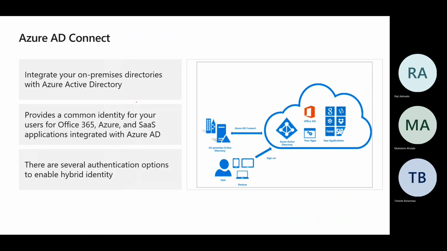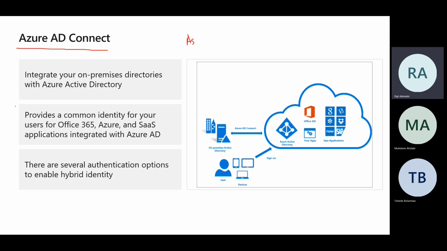So in establishing a hybrid setup, Microsoft has made a tool called Azure AD Connect available. Azure AD Connect is actually an agent or an application that you typically install on any server within your environment, and that server helps to establish the link between your on-premise Active Directory infrastructure and the cloud.